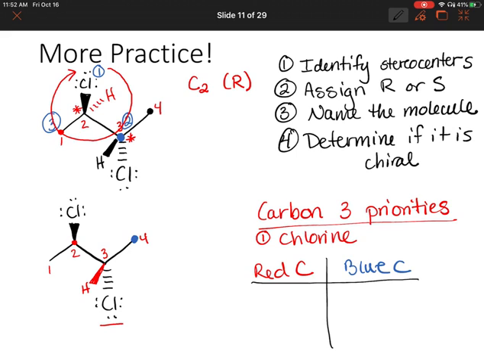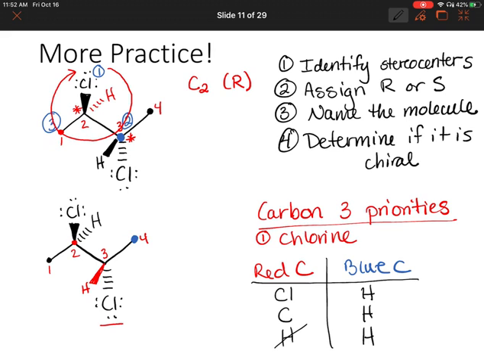Okay, so what is the red carbon bonded to? So it's bonded to a chlorine up above. It's bonded to a carbon on the end, and then it's also bonded to a hydrogen behind the plane. And then what is carbon 4, the blue carbon, bonded to? Three hydrogens, because it's a methyl group.